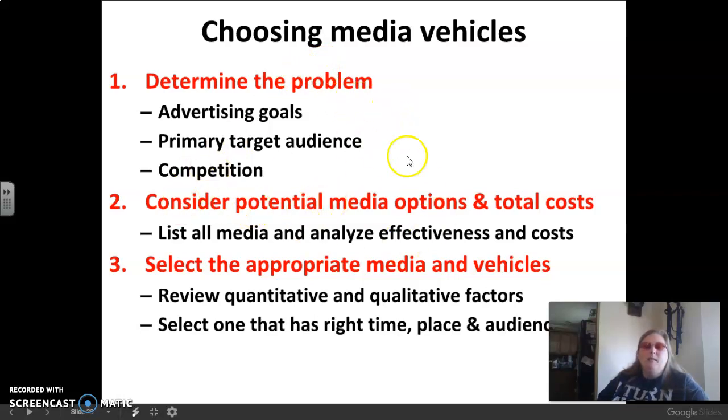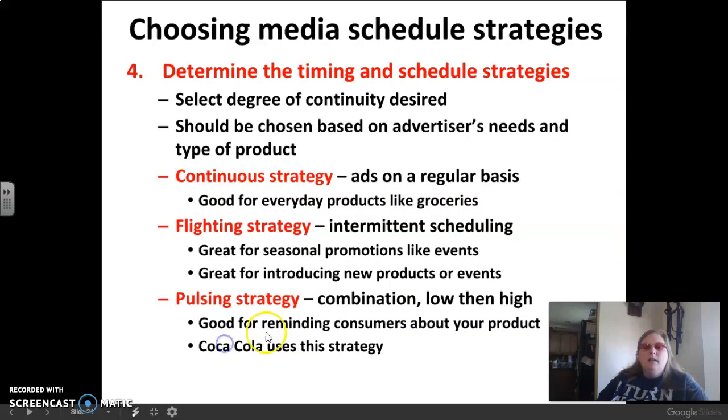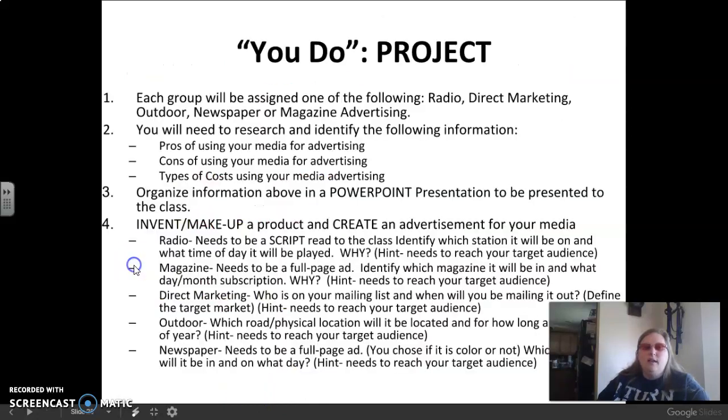Or is it something you want to go on full time? Consider your different options and your costs. Select your appropriate media. Do you need it to go on for a long time? Regular ads are continuous. Is it a flighting strategy where it kind of comes and goes, like holidays or seasonals? And then the pulsing strategy is a combination of low then high, and Coca-Cola uses this strategy all the time.